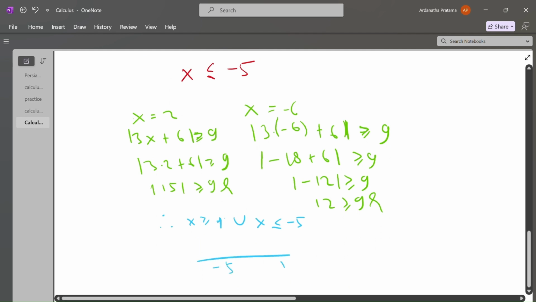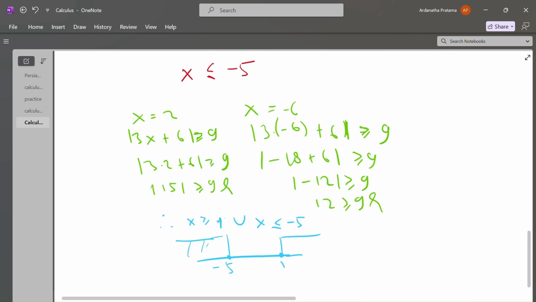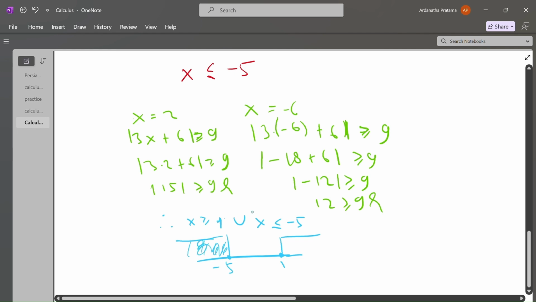Right, this is the solution range. So if we draw it on the number line, we get this area of solution.